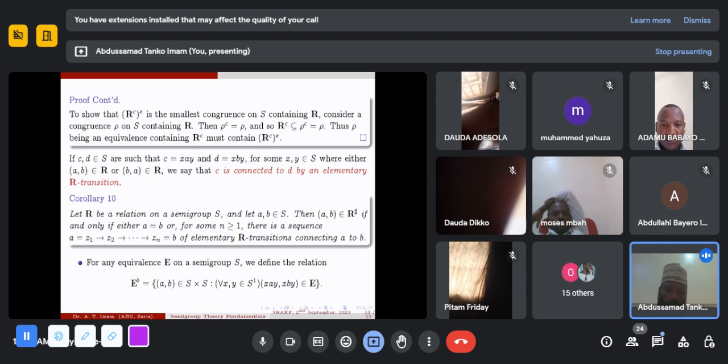What of the biggest congruence that is sitting inside R?